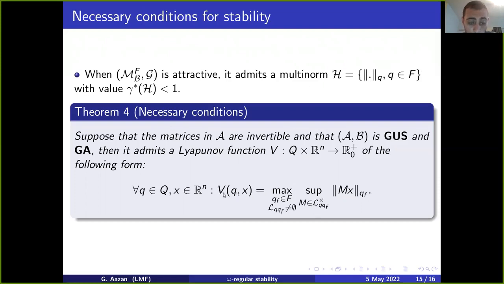The Lyapunov function V_Q(x) will be of this form, and the norm for QF, in fact, is from this multinorm. This Lyapunov function can act directly on the system AB, so it can serve as an energy function for the system AB.